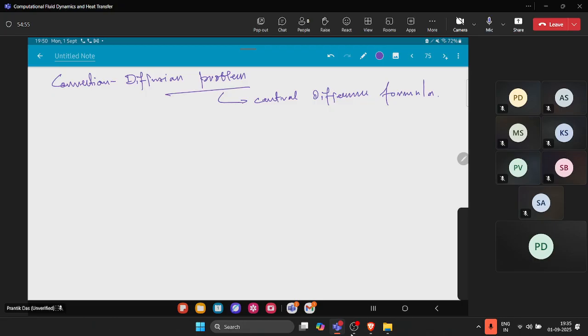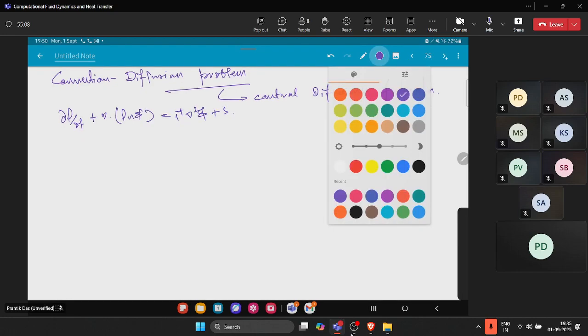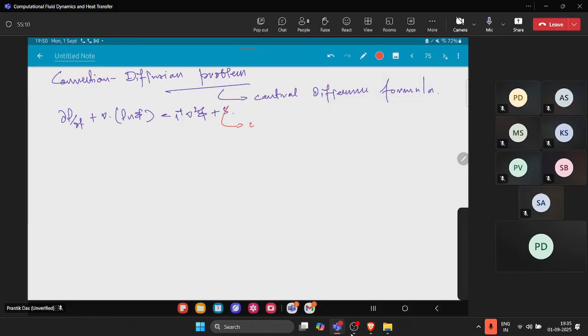For example, if it's a convection diffusion problem, d rho dt plus del dot rho u phi equals gamma del square phi plus source. Since this is a convection diffusion problem, the source term is zero, the temporal term is zero. So only the convective and the diffusion terms are there in the equation. So after that, the integral of del dot rho u phi dV should be equal to gamma times the integral of del dot grad phi dV.